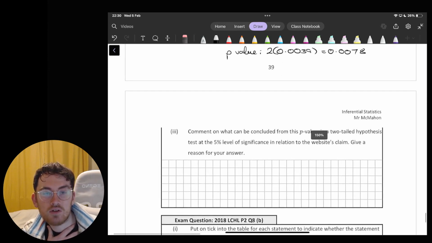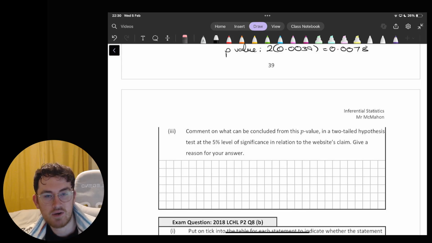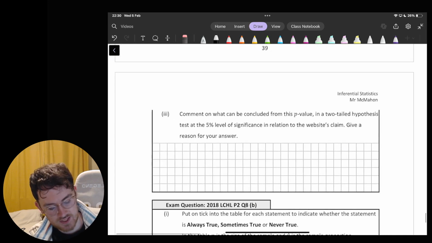Comment on what can be concluded from this p-value in a two-tailed hypothesis test at the 5% level of significance in relation to the website's claim. Give a reason for your answer.